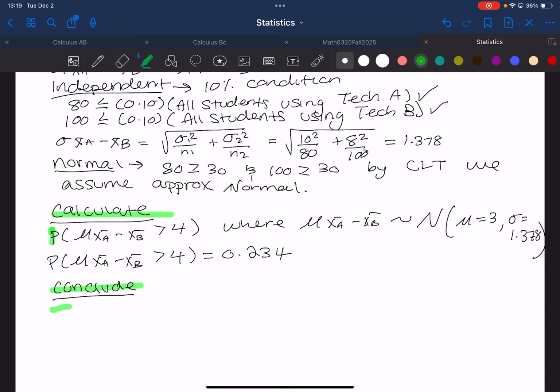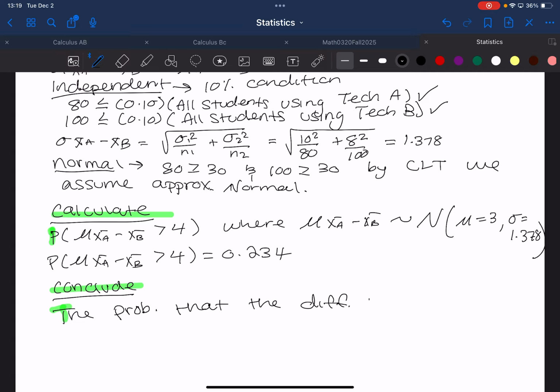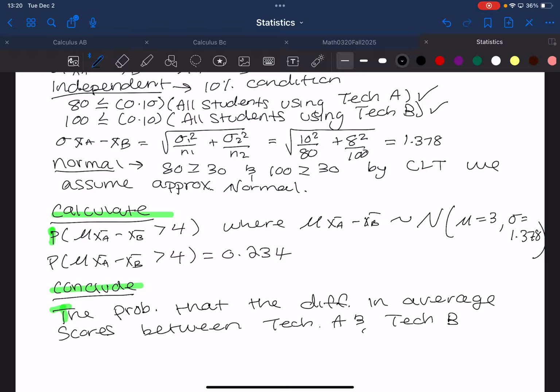So I'm going to say the probability that the difference in average scores between technique A and technique B is greater than 4 is about what percent? 23.4%.